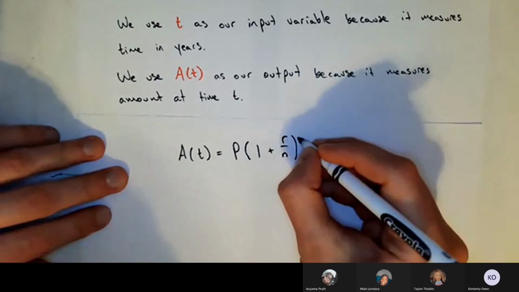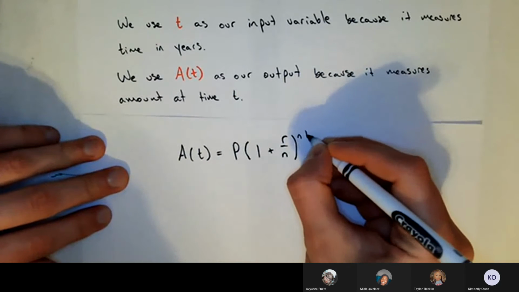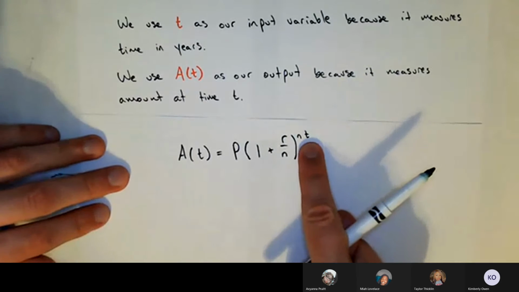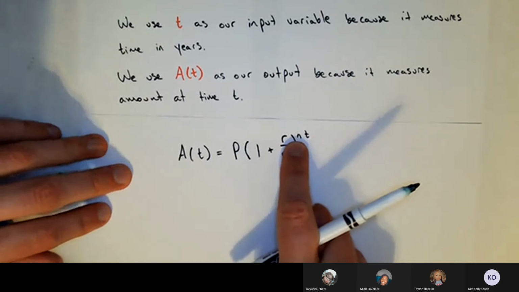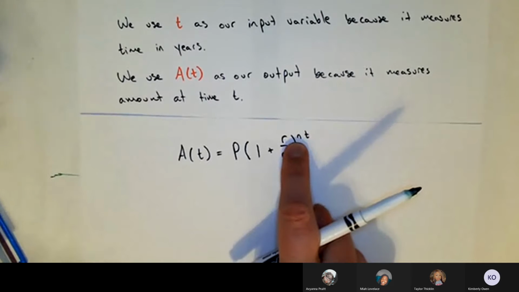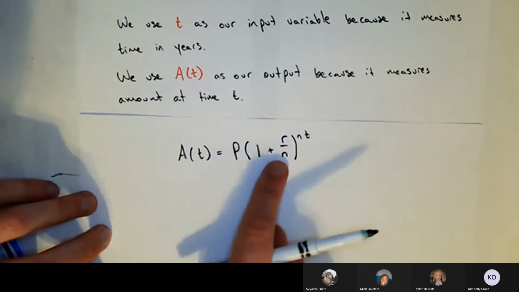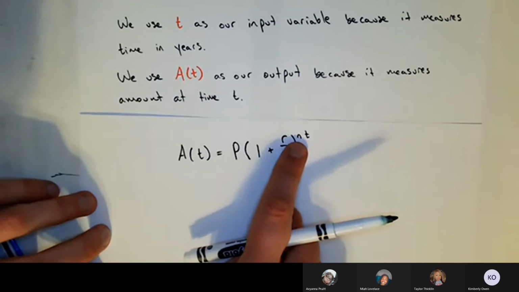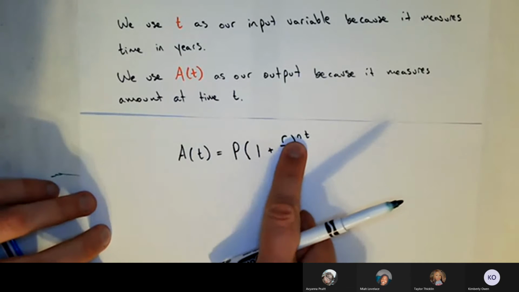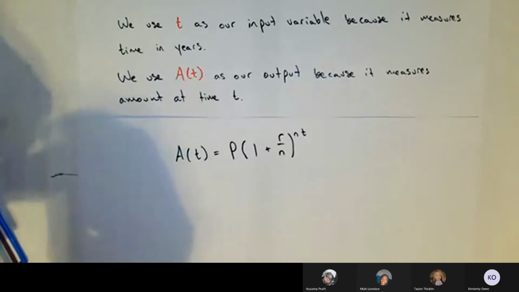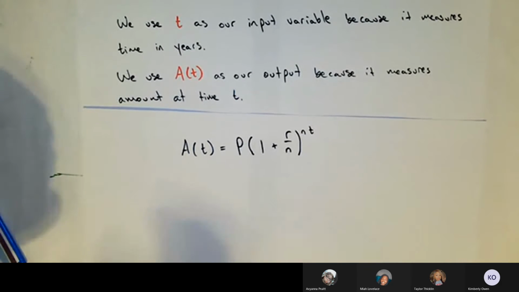And then this part is raised to the n times t. So finally, there's our input variable coming in, and there is an n attached to it up here. That n is not technically in the base, but it's attached up there next to the t, but that's fine. So there it is.